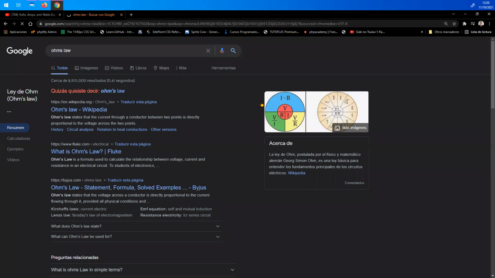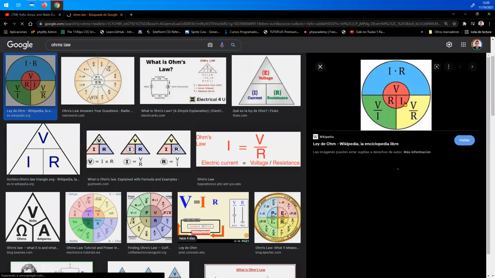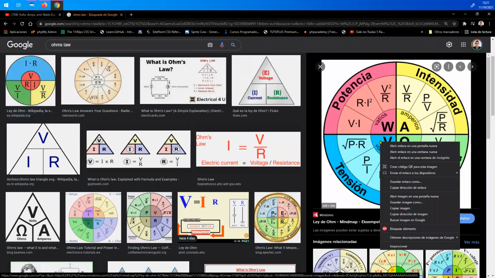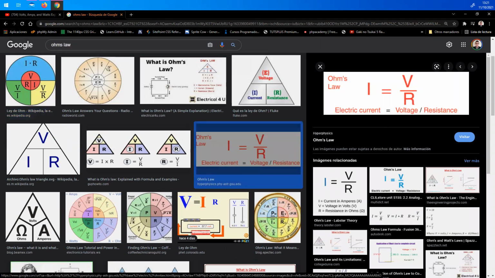So in electricity, we have Ohm's law that is going to be the tool to represent how the current is going to flow, how the voltage is going to be, and how the resistance is going to resist in a circuit. We have this, well, this is in Spanish, this is in English. Well, take a look at this.